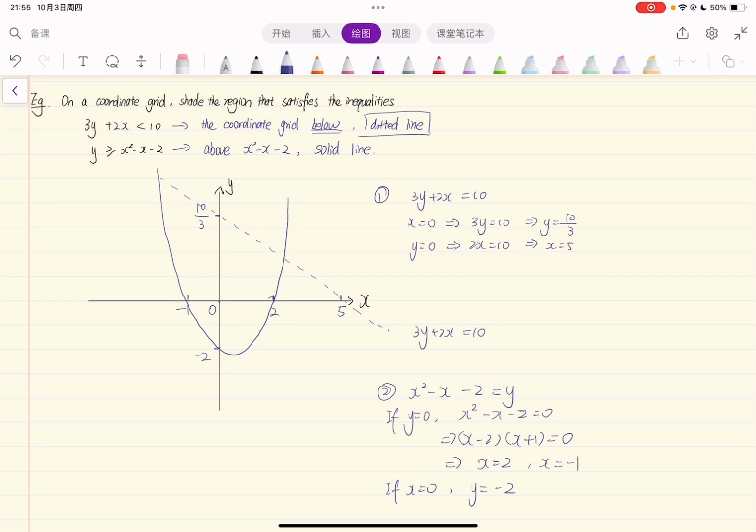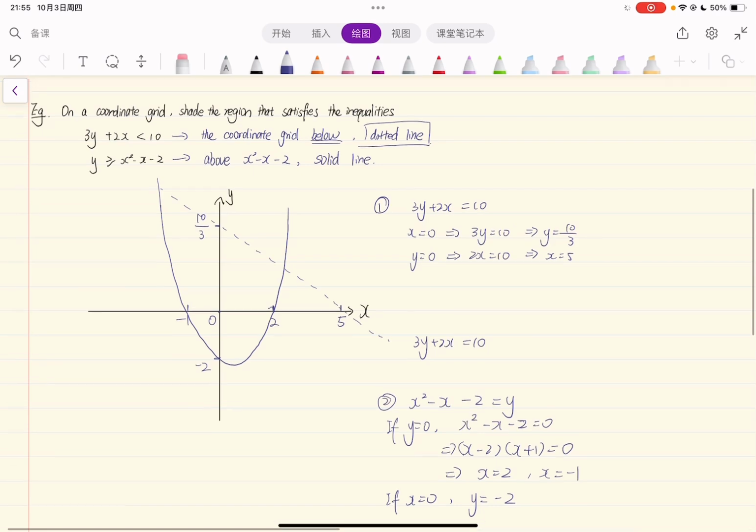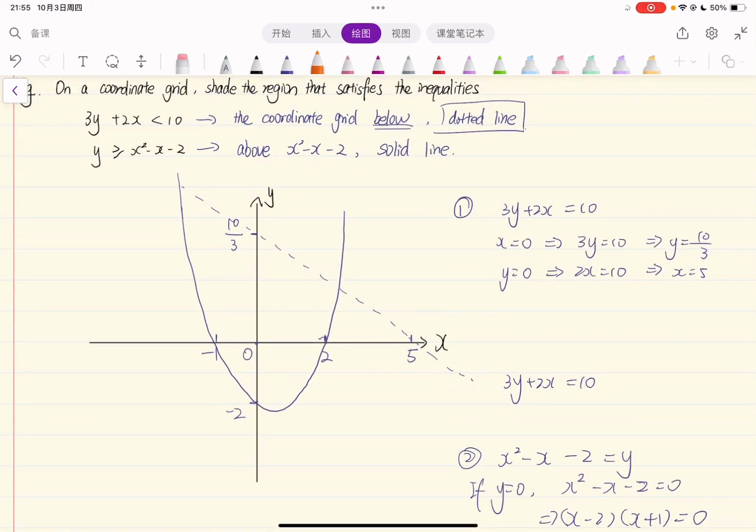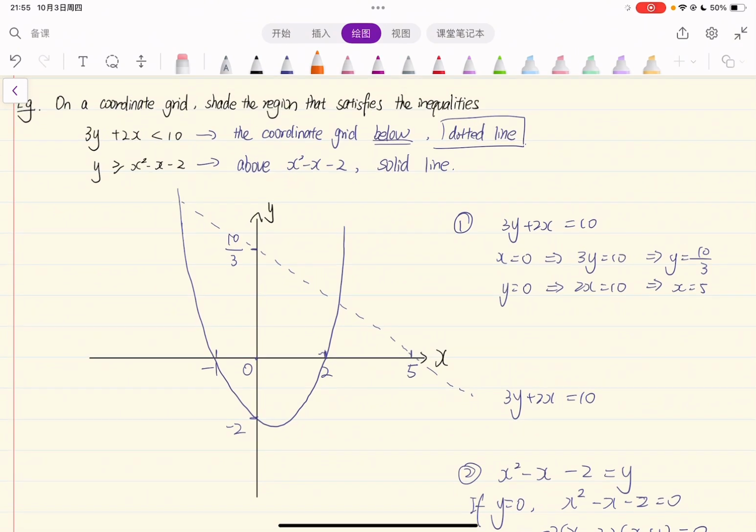Now don't forget to shade the area. Let me use another color, the orange one, to shade the first inequality. It is the coordinate grid below 3y plus 2x equals 10, so it's below the dotted line.